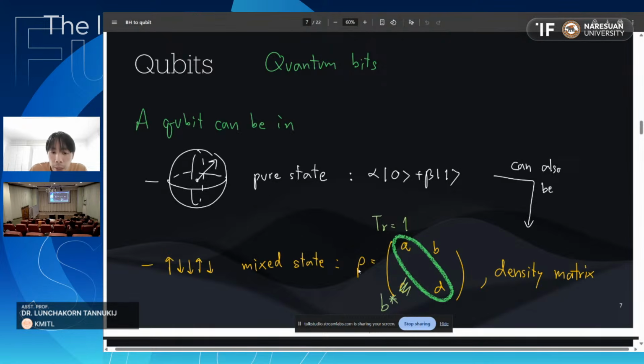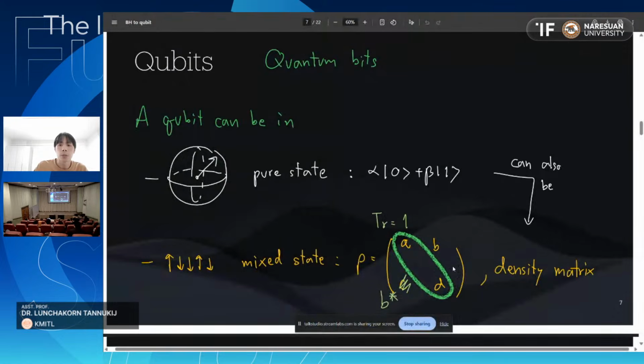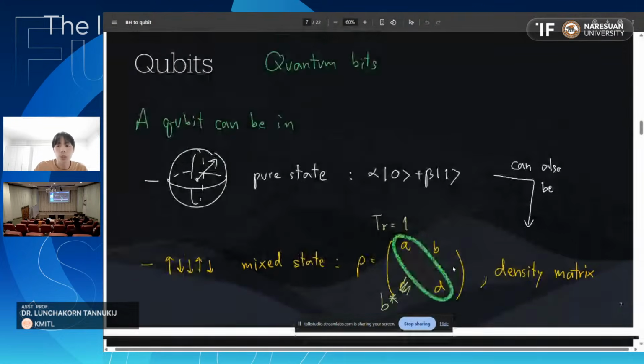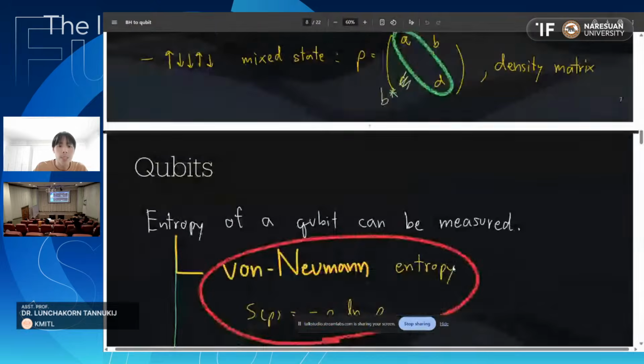And the diagonal elements represent the classical probability of finding that particular quantum state, so they should sum to 1, right? Okay, so this is just a brief review of the quantum bits.